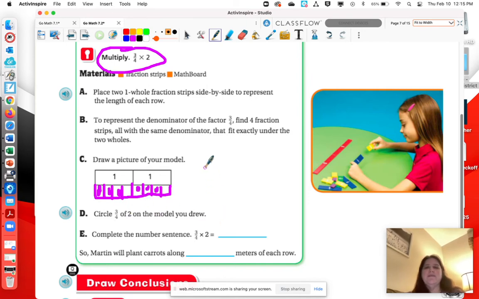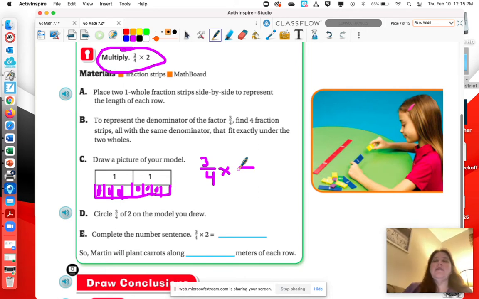Let's take a look at a couple other things that we can do, because drawing a model sometimes gets pretty confusing. So one thing that we need to know is how can we make this look like a regular multiplication problem with fractions? So we talked about a whole of a fraction being 1/1 or 7/7 or 6/6, the same number over that.